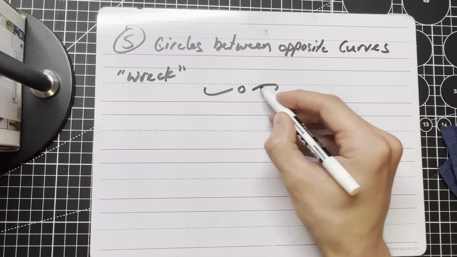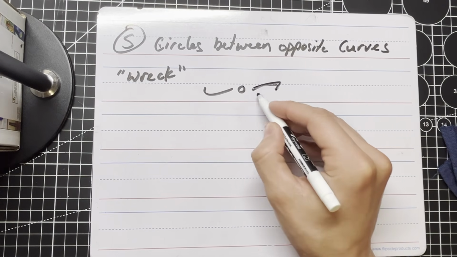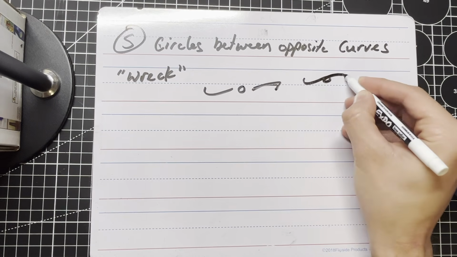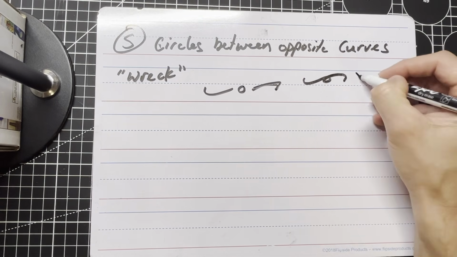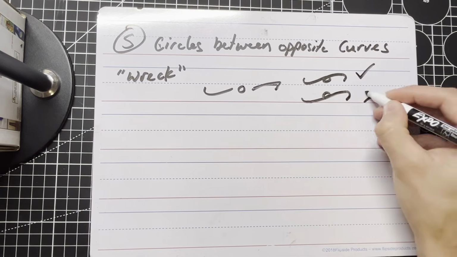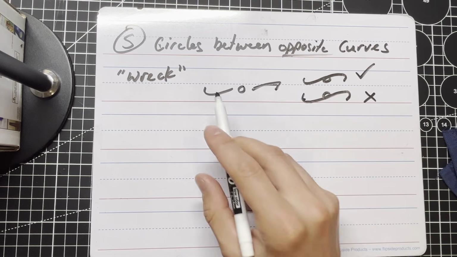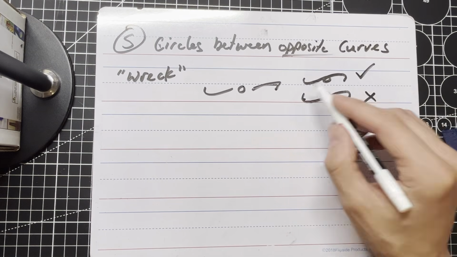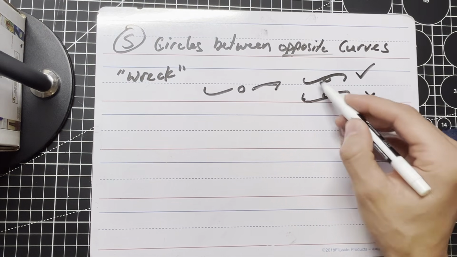Or if you would rather think about it, it's going to be on the inside of the second curve. So to write this, it would be R, E, K. Okay, so this is correct. This is incorrect, because rule number 5 pertaining to circles between opposite curves states that the circles between the opposite curves are turned back on that first curve.